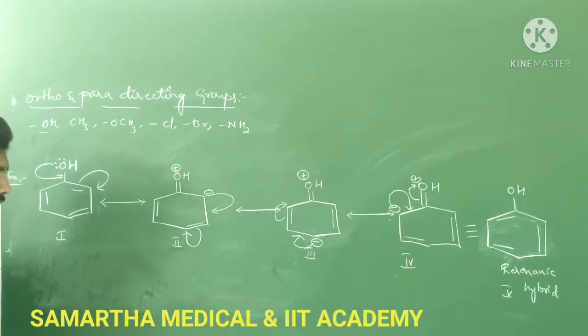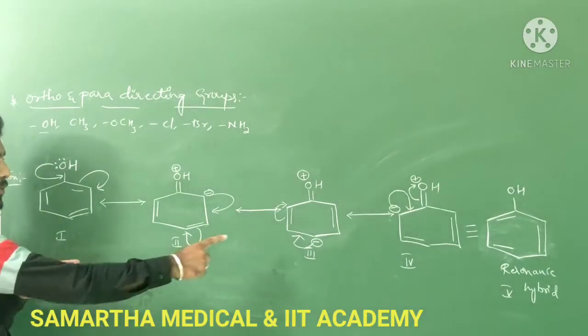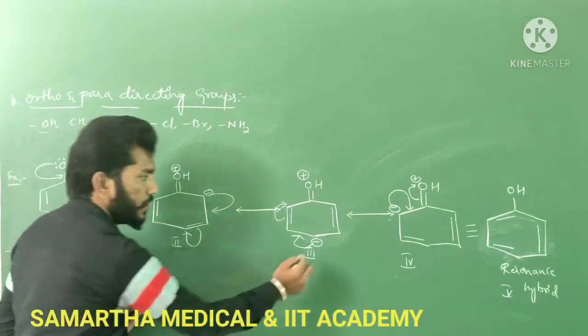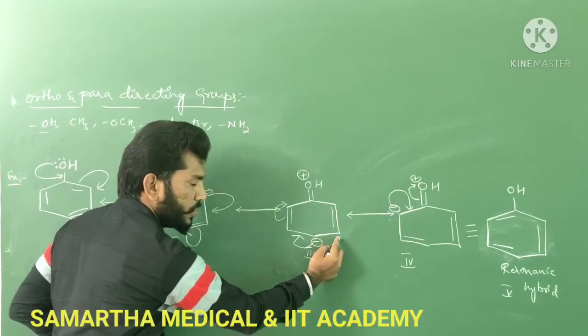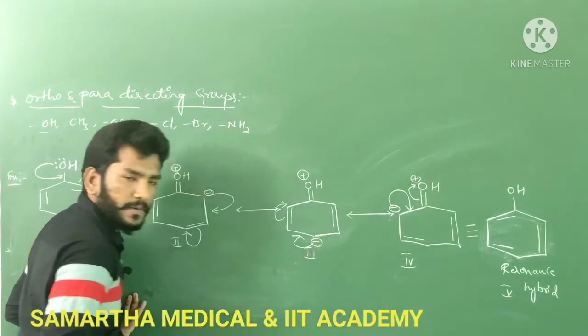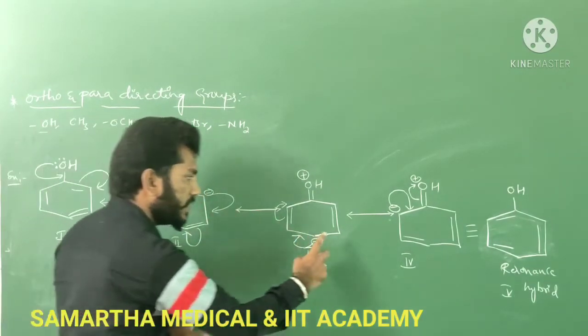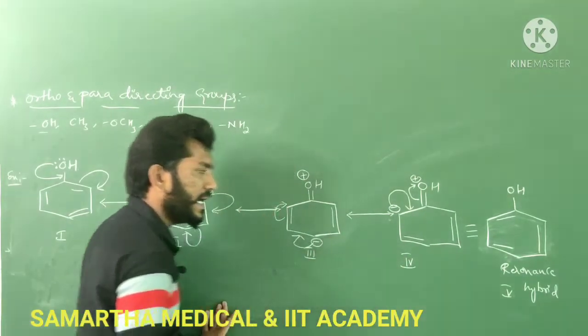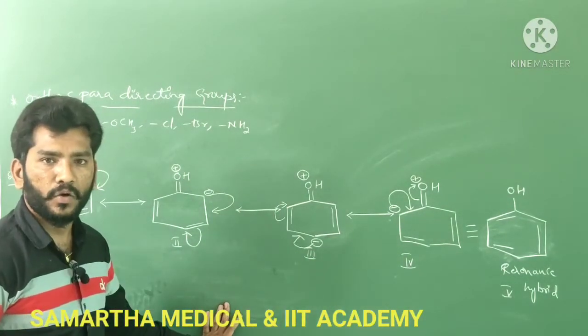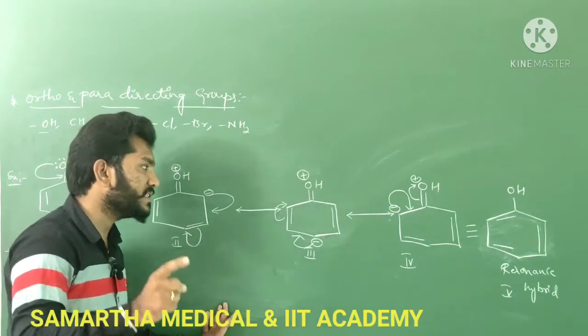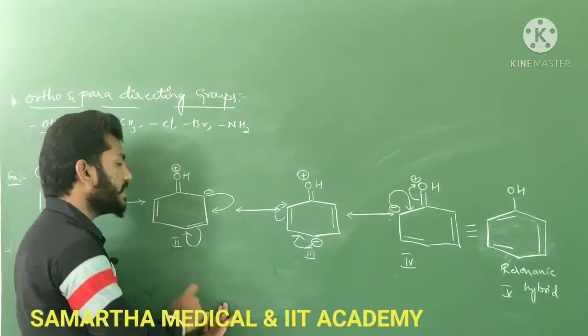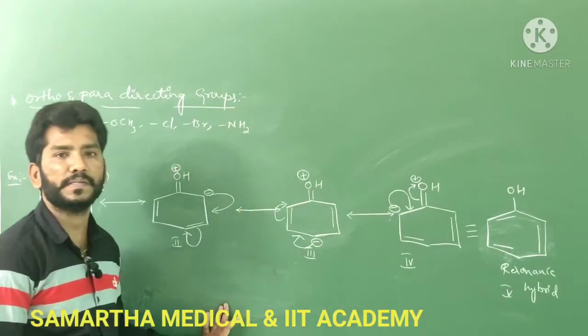In the same way we also have to know about meta directing groups. But you can see that in this particular structure, at the meta position, do you observe any kind of negative charge? No, not at all. We don't have any negative charge at the meta position. The electron density is maximum only at the ortho and para positions, guys.